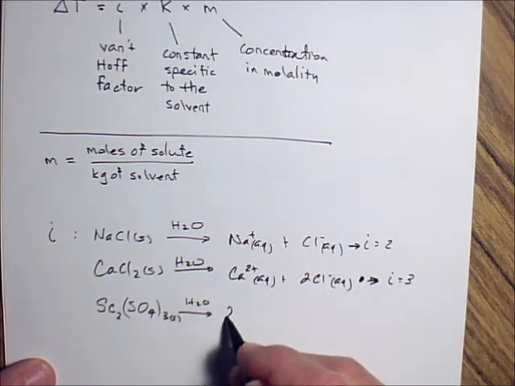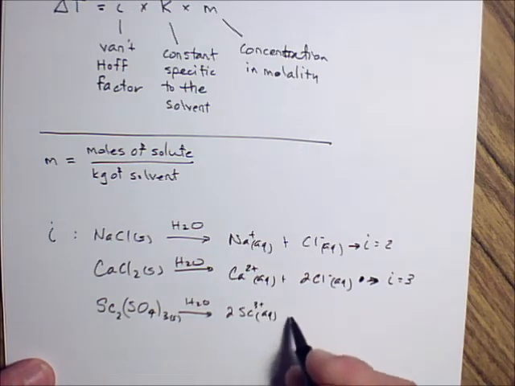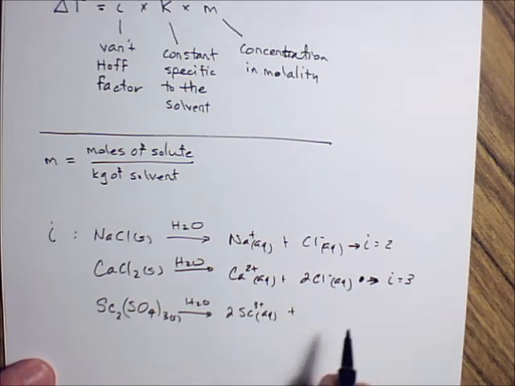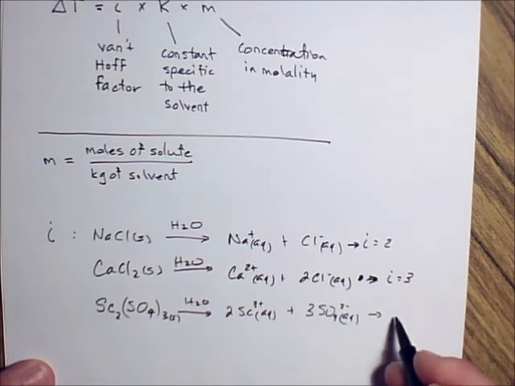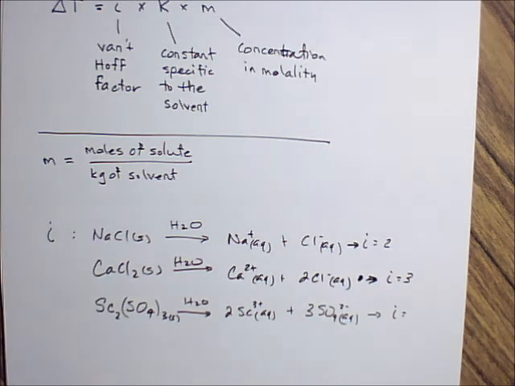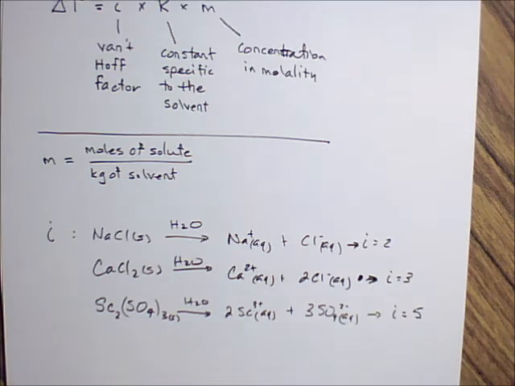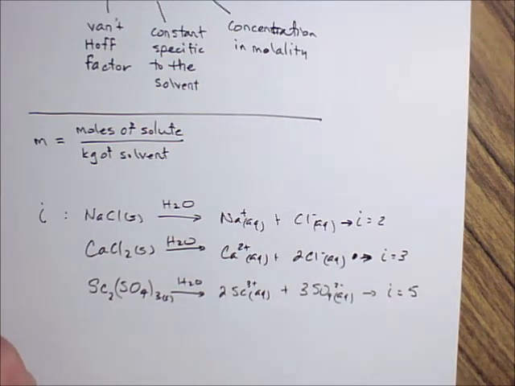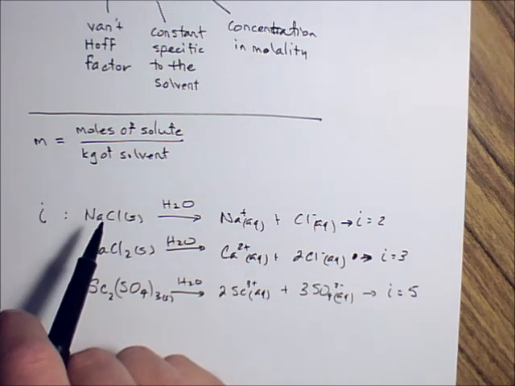I'm going to have 2 scandium ions and 3 sulfate ions. So what is i in this case? 5. Good. You count the number of particles each formula unit breaks up into.